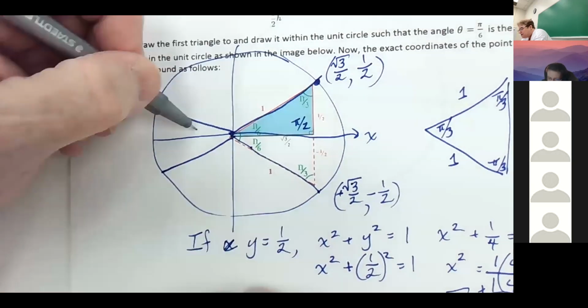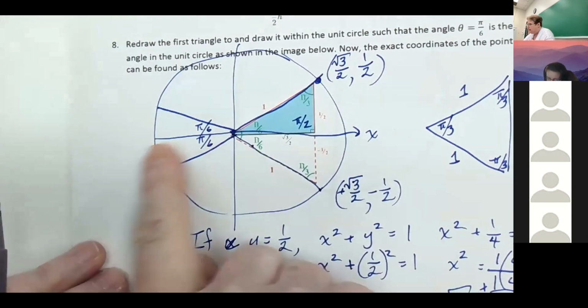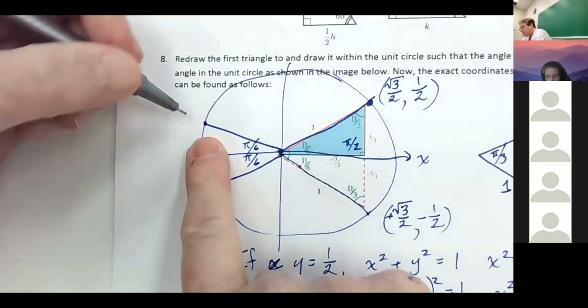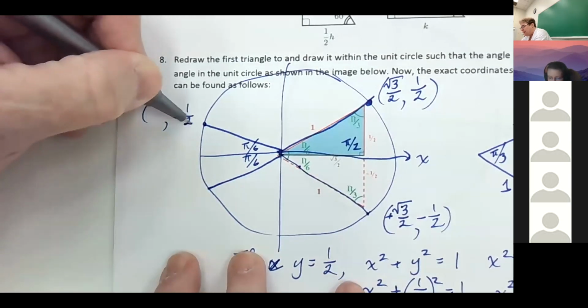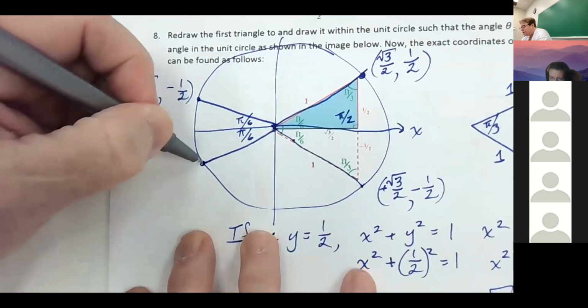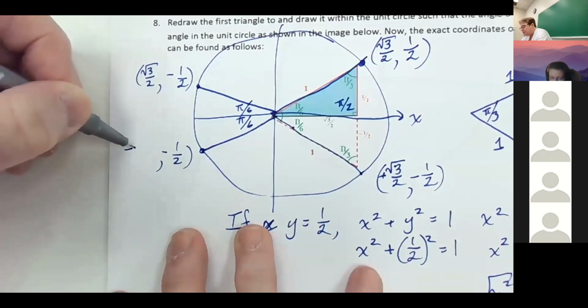We're still just looking at being pi over 6 away from the x-axis. In the second quadrant, we're going to have negative 1/2, positive square root of 3 over 2. And in the third quadrant, we'll have negative 1/2, negative square root of 3 over 2.